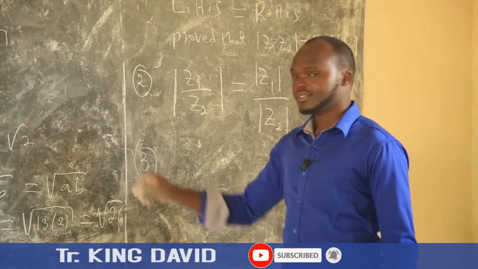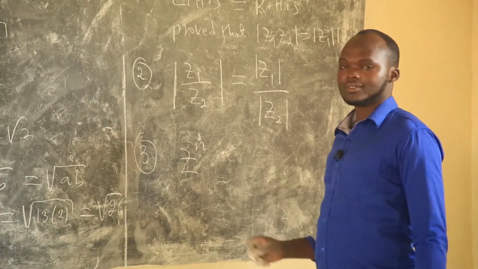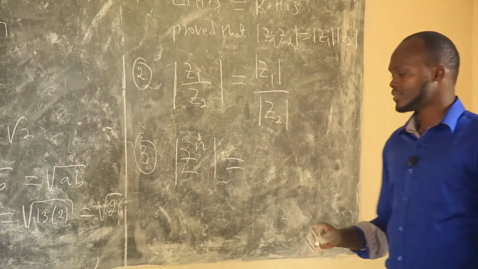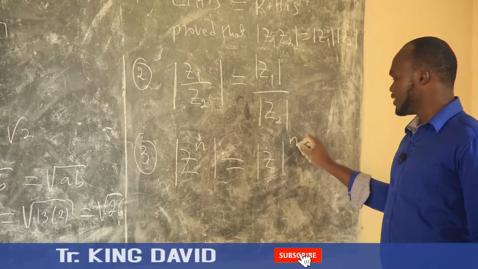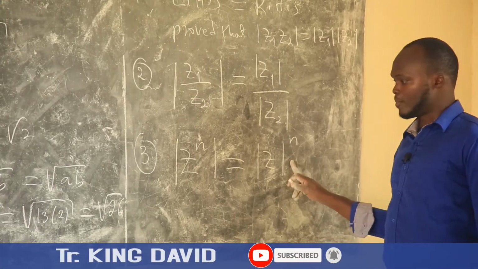Property number 3: when you have the modulus of Z power n, this is the same as the modulus of Z, then finally power n. You first find the modulus, then you put the power.